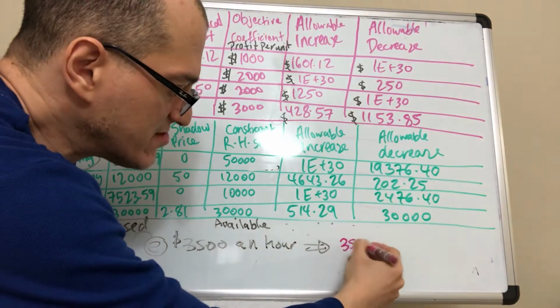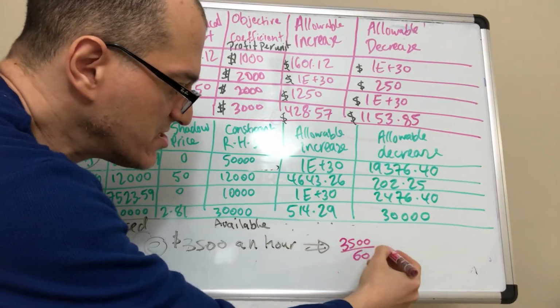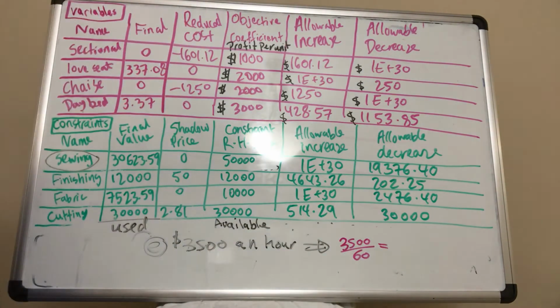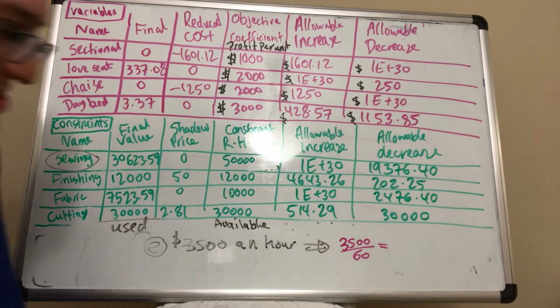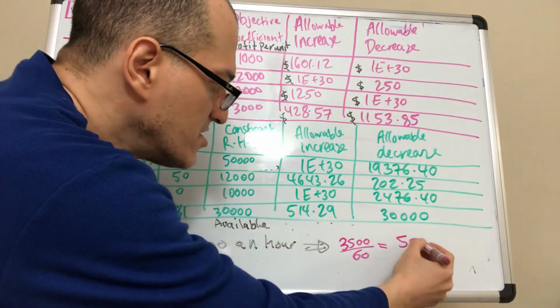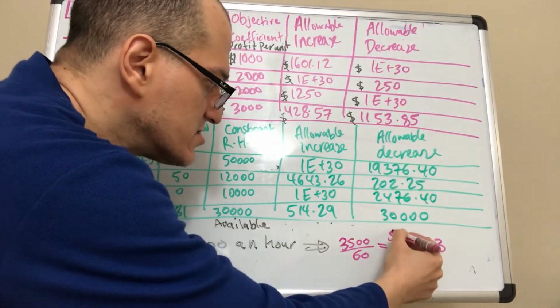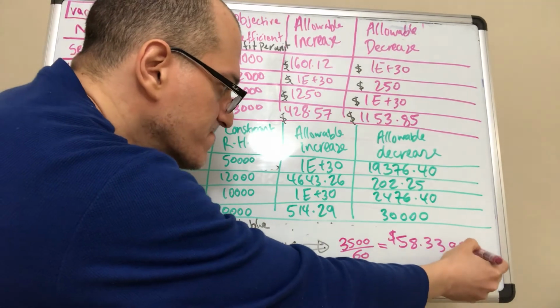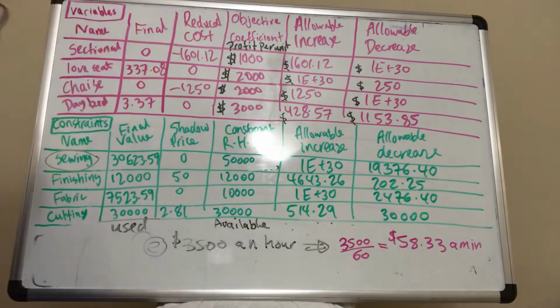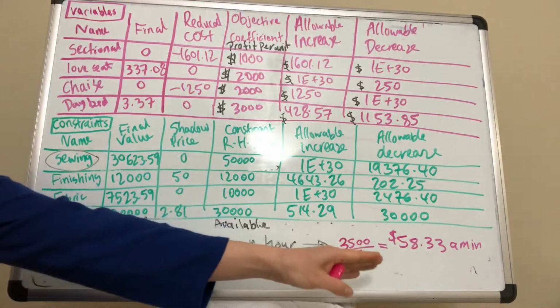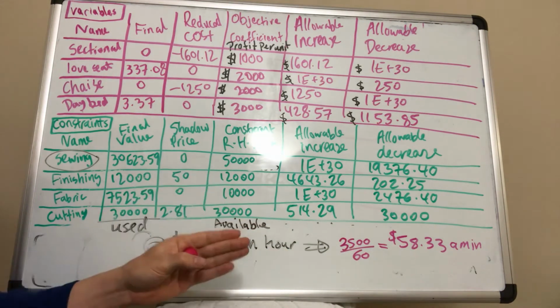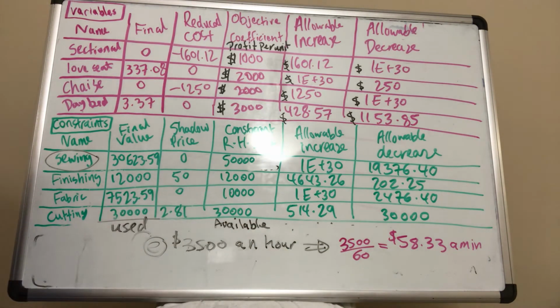You divide this by 60. It would be $58.33 a minute.